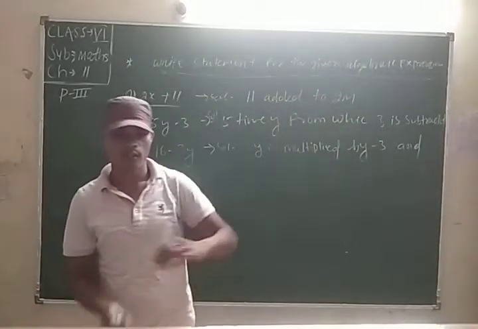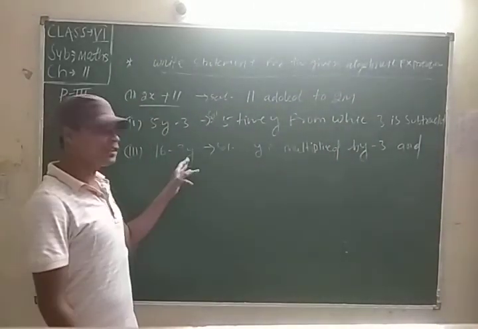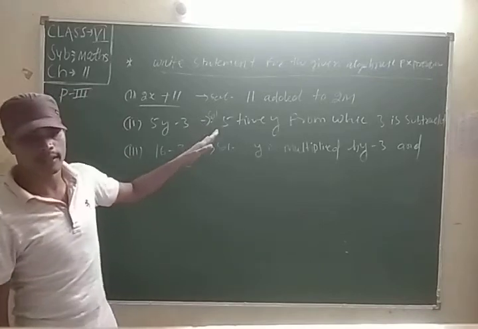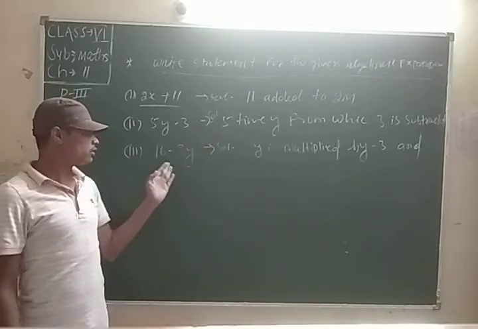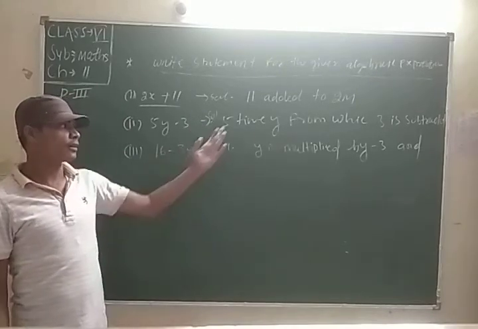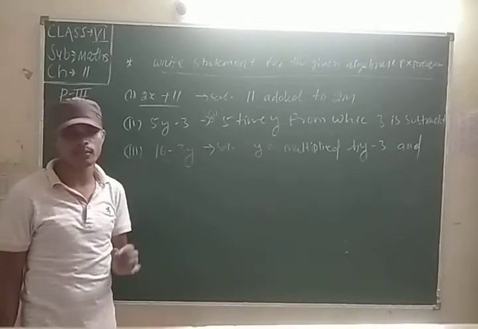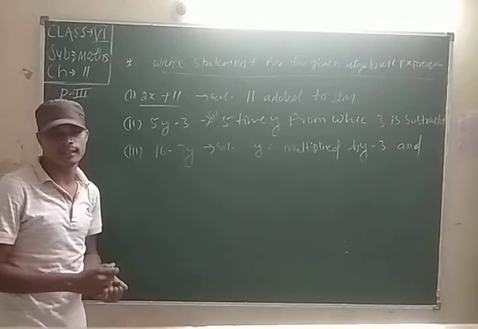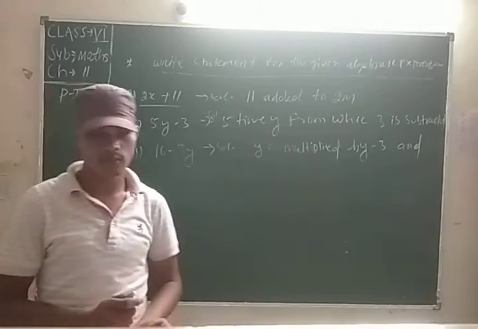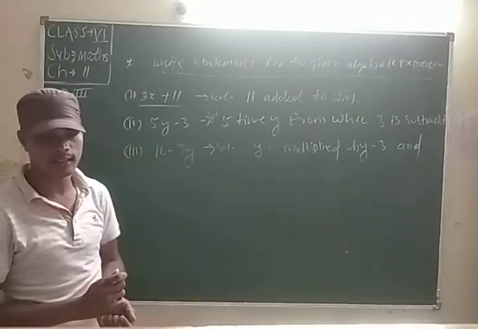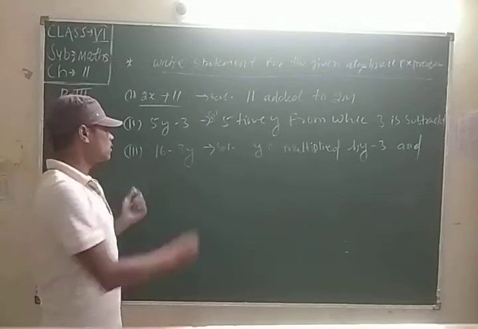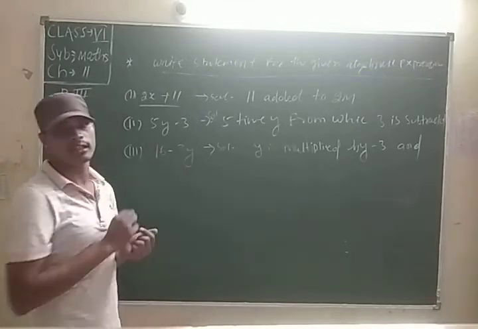Minus 3 into y, that means y is multiplied by minus 3, and 16. The result is subtracted from what? We can write that the result is subtracted from the 16. Clear about it?